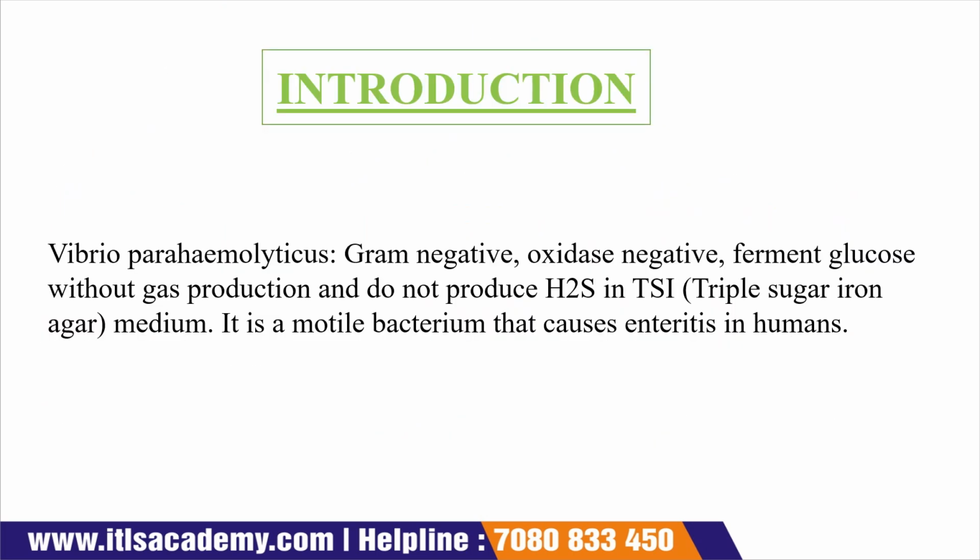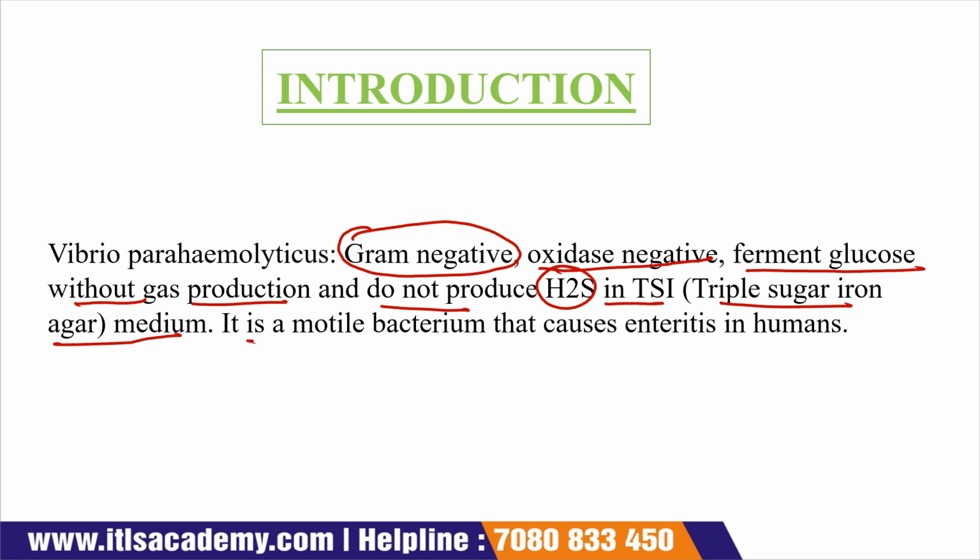Vibrio parahaemolyticus, what are they? They are gram-negative bacteria, oxidase-negative, they ferment glucose without gas production, and they do not produce H2S in TSI. TSI is triple sugar iron agar media. It is a motile bacterium which causes enteritis in human beings. As I already told you, it is gram-negative and gives a pink color colony.